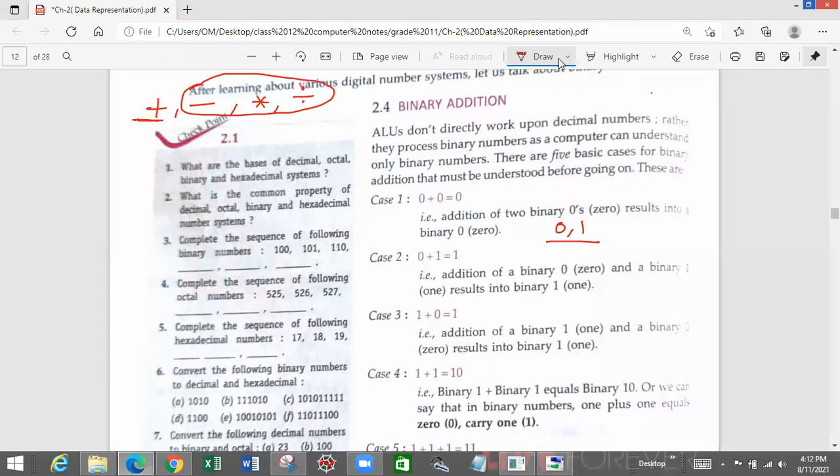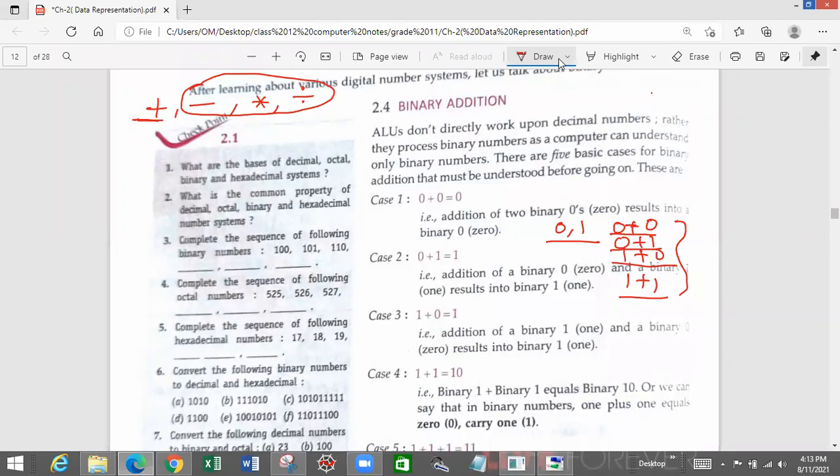So when adding two binary numbers, there are four different possibilities: adding a 0 with 0, a 0 with 1, a 1 with 0, or a 1 with 1.